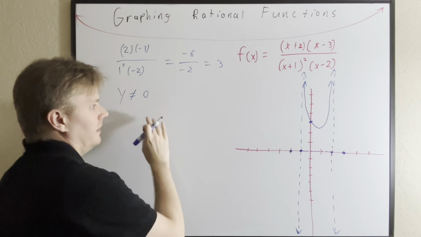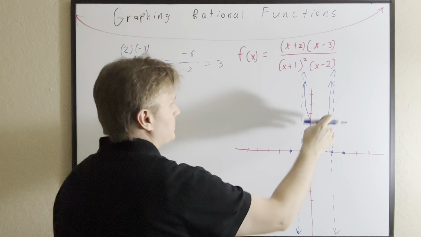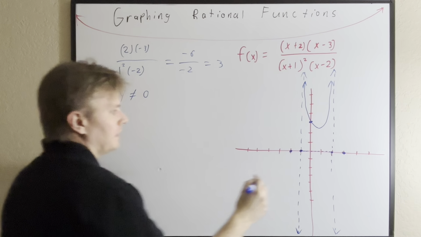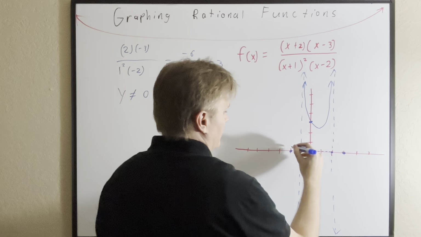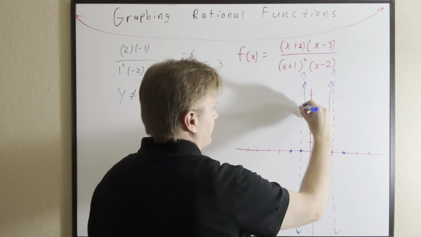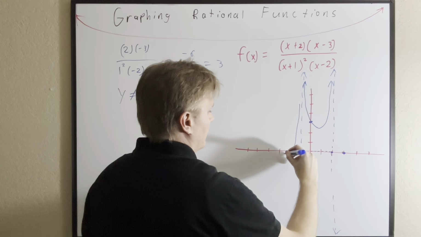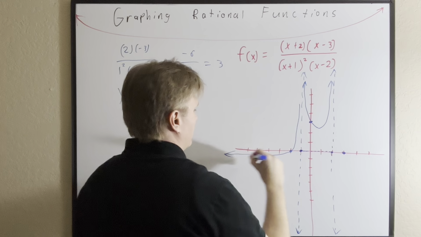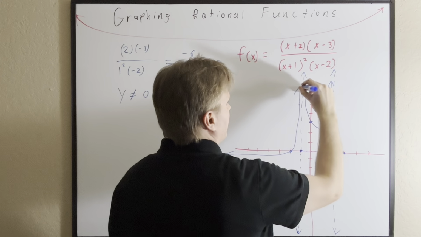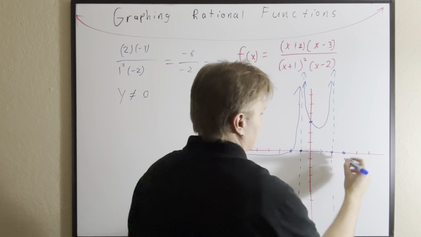I think the y cannot be 0 only applies to the middle part. And what happens is these graphs cross, and then they kind of just hug the line, that asymptote.